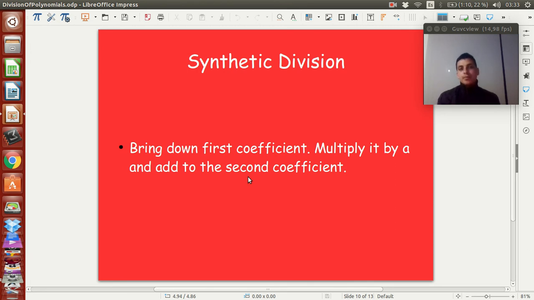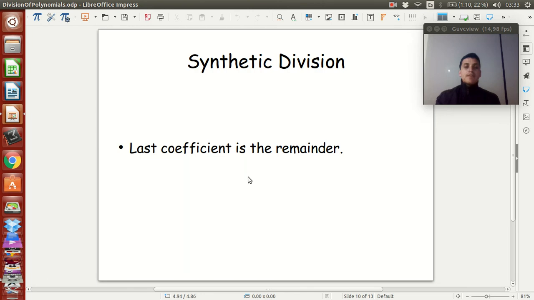And finally, the last coefficient is the remainder, and the other coefficients are the coefficients of the quotient, remembering that the highest degree of the quotient will be 1 less than the highest degree of the dividend. So you just have to write the coefficients and put the degrees, x^4, x^3, if the dividend is x^5. This is the synthetic division. It's pretty easy.